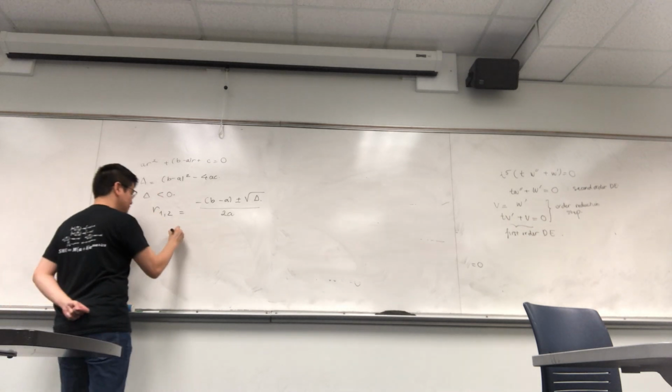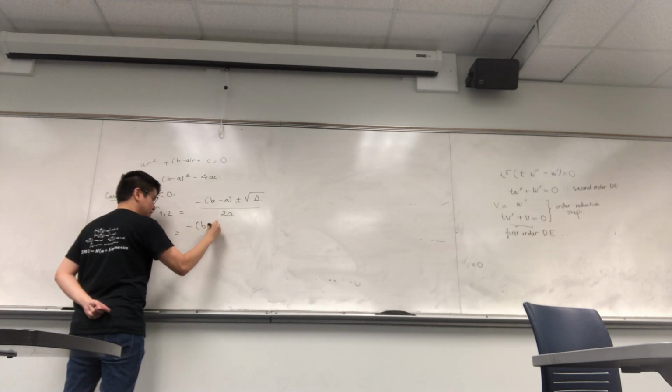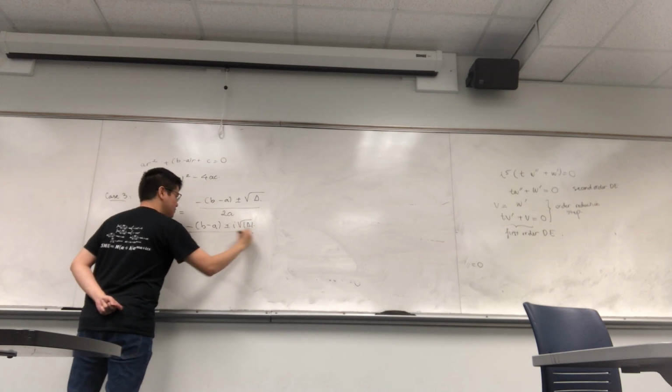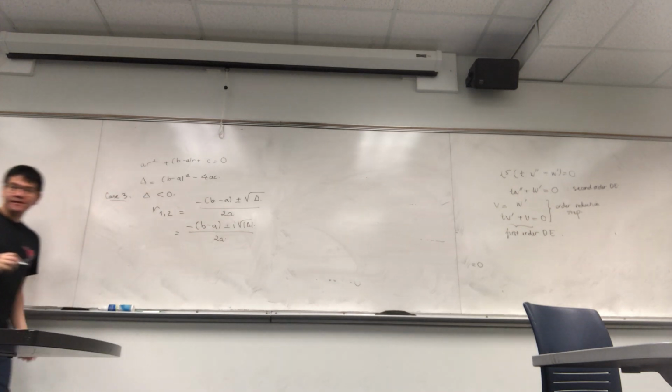So we discussed in the previous class that we have minus (b minus a) plus or minus i times the square root of the absolute value of delta over 2a.